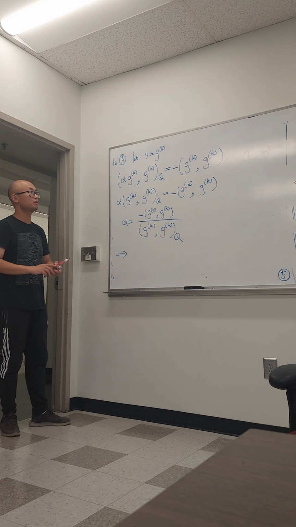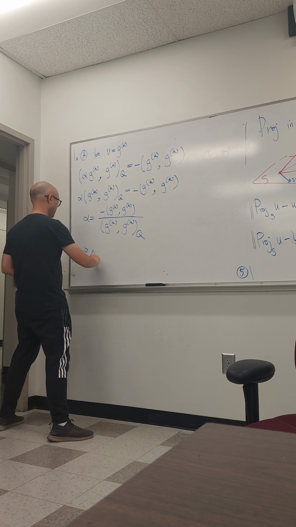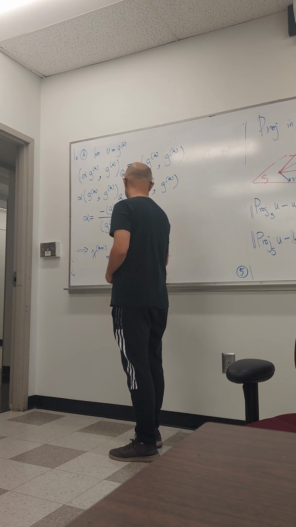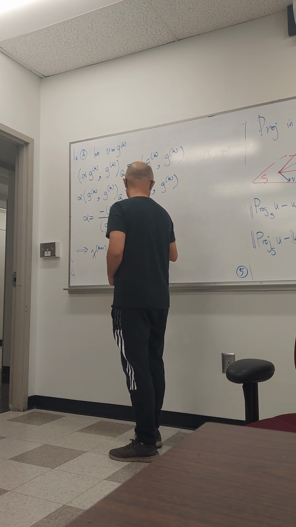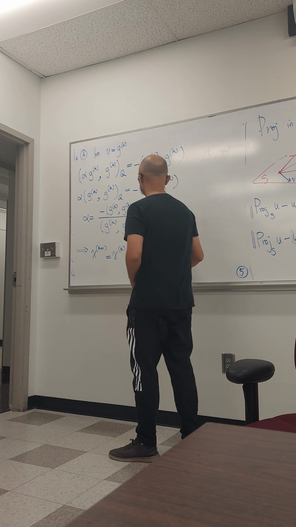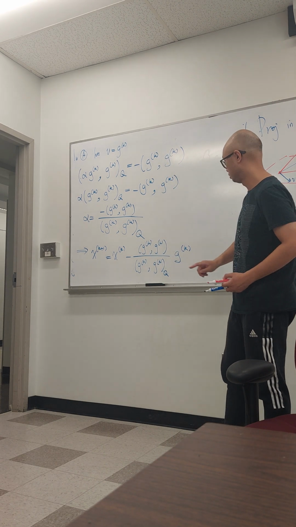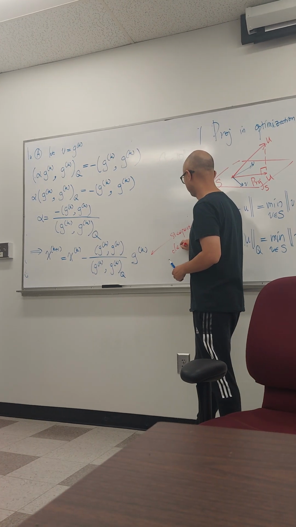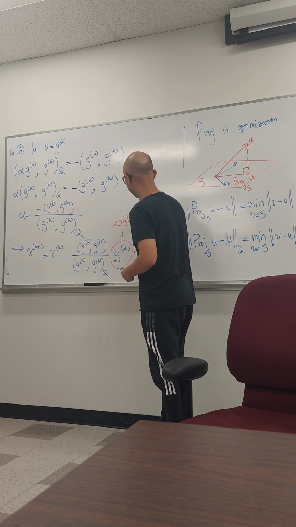If we plug in alpha, we get this, and this is steepest descent, because this thing is the gradient of f at k.